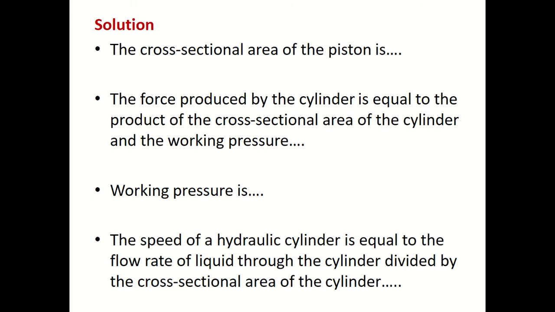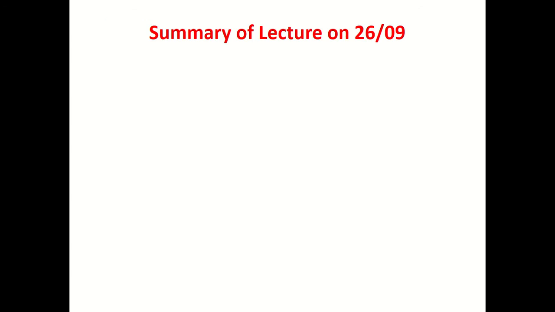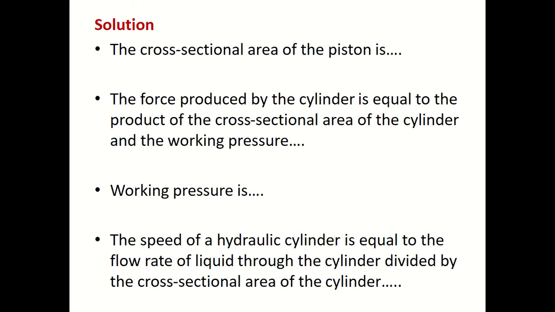The speed of the hydraulic cylinder is equal to the flow rate of the liquid through the cylinder divided by the cross-sectional area of the cylinder. In this way, you will be able to find the final answer. Thank you.